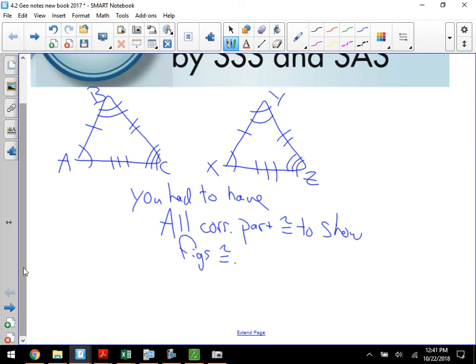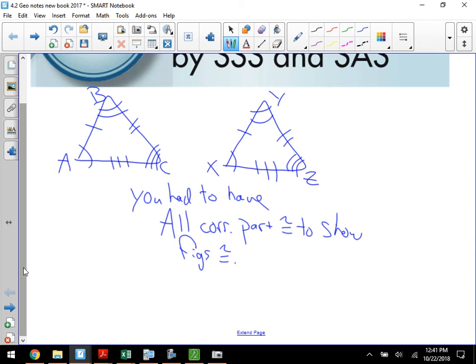And today we're going to talk about 2 ways that we can show that triangles are congruent. And what I want to do is use one of our progression boxes to kind of keep tabs on ways that we can show that things are congruent. Okay? So what I want you to do is, everybody got the progression sheet back, right? All right.